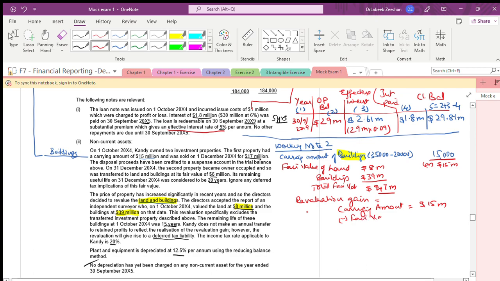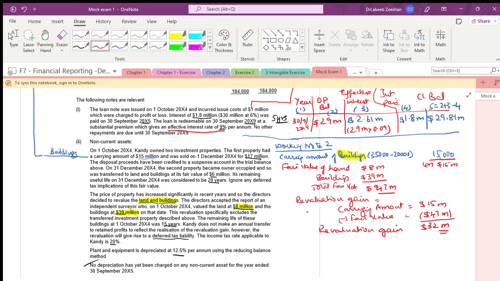Fair value is more. 47 minus 15 comes to 32 million. This is the revaluation gain.